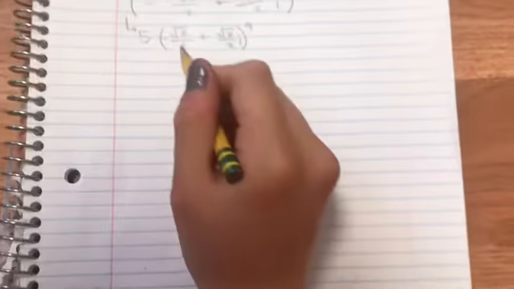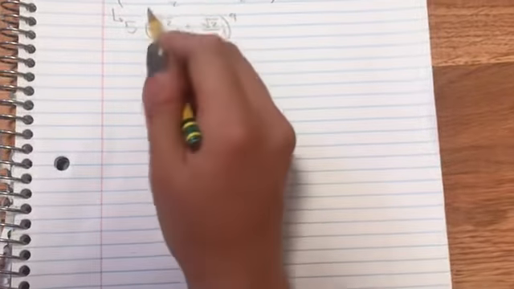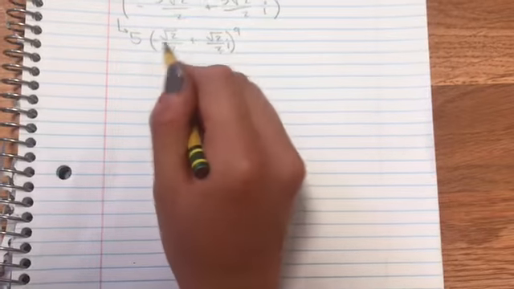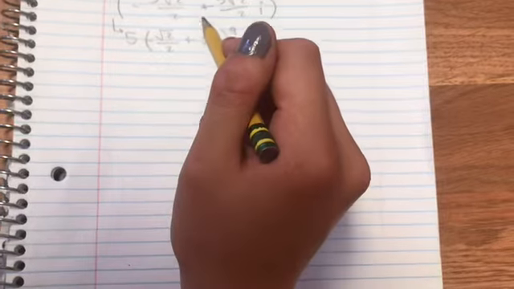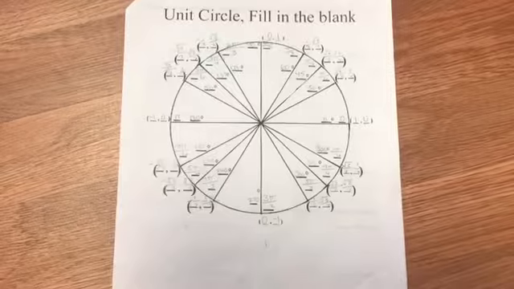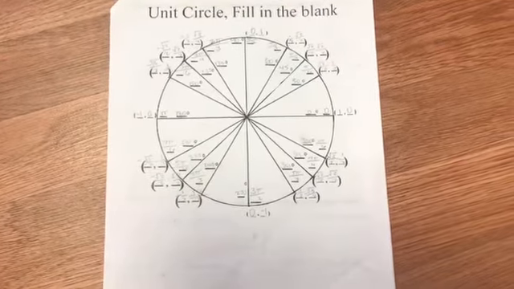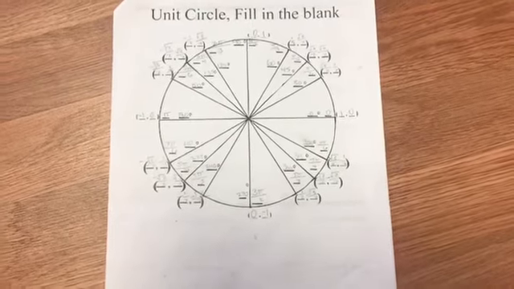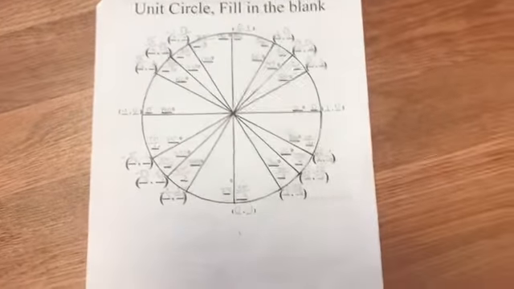We aren't given a theta in this problem, but to transform into polar form, we know that these two values are going to equal the cosine and sine of a respective angle that we can find on our unit circle. So as you can see, I have my unit circle right here, and to transform the given expression from rectangular form into polar form, we're going to find the coordinates on our unit circle that match what we're given in the expression.